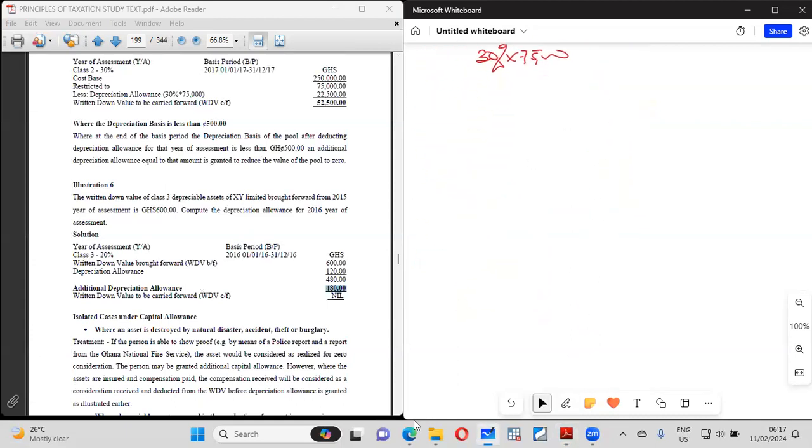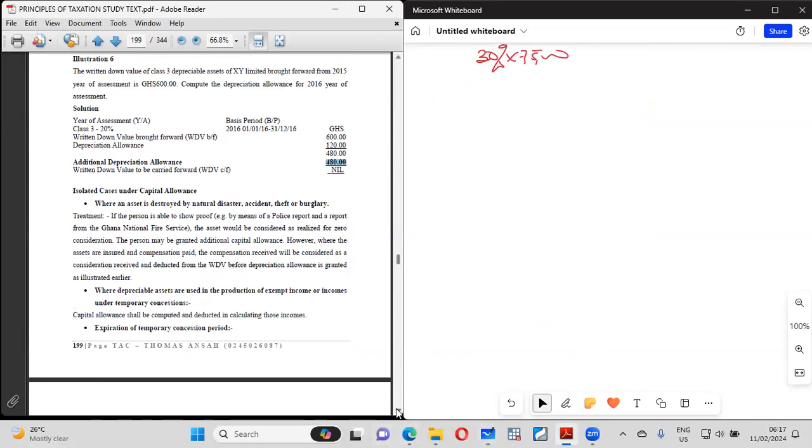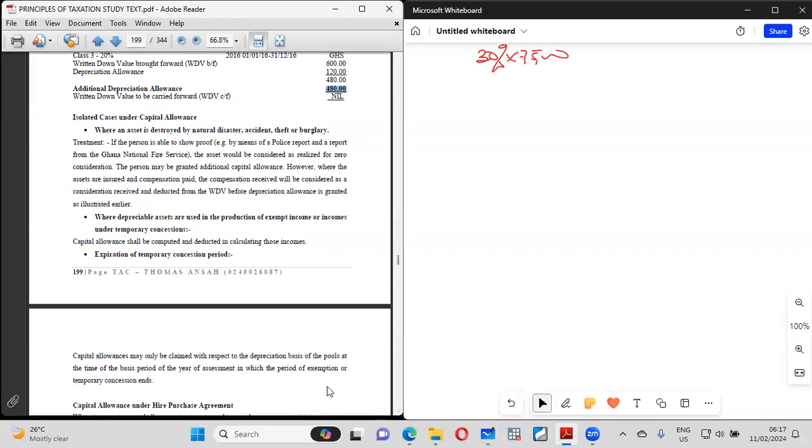Now, then probably the last thing, or the last but one thing we will have to talk about, is isolated cases under capital allowance. Now, when an asset is destroyed by a disaster or by accident, we will treat that asset as if it has been sold off.